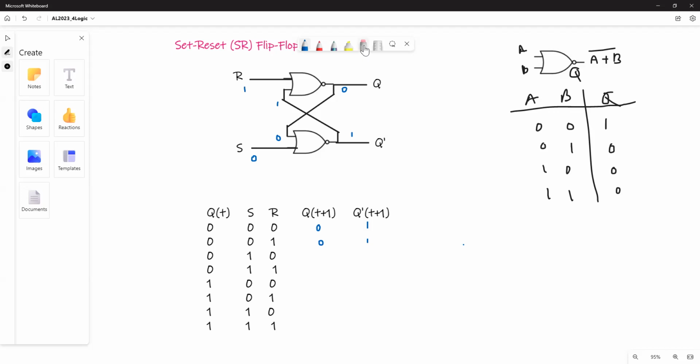Now to look at the next one, we can remove the inputs. What we need is to have Q is 0, so no change. And this time, S is 1, R is 0. We have to say S is 1, R is 0. Mavinia, what is the output Q here when you have 0 and 1?